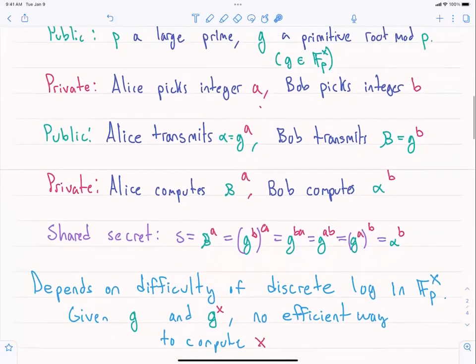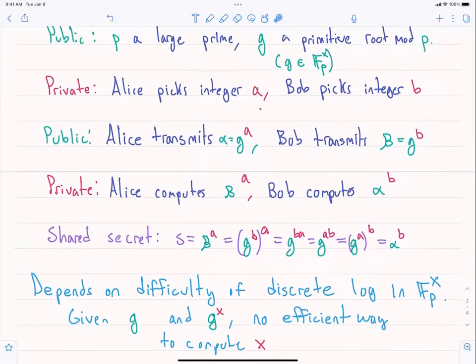Another way to say it is that the reason this works is not because there's no way for someone overhearing to compute what A and B are, and then find out what the shared secret is. It's just that it's very computationally complex to do that. It depends on the difficulty of the discrete logarithm problem in F_P cross.